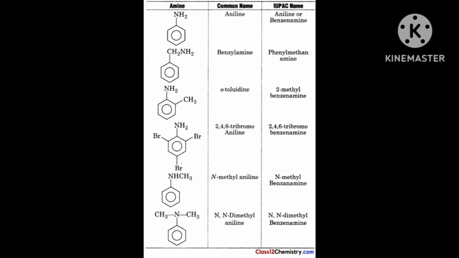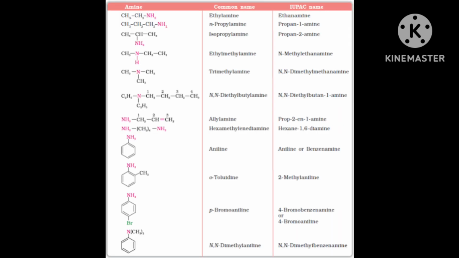And in aryl amines, what will happen? In aryl amines, the NH2 group is directly attached to the benzene ring, meaning C6H5, in which NH2 is attached. One hydrogen has gone and in its place NH2 came. Then what will be the name? This will be aryl amine, aryl plus amine.